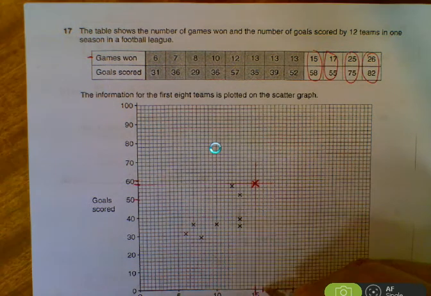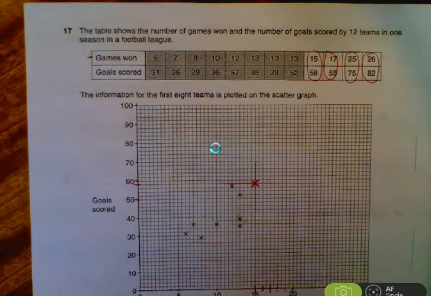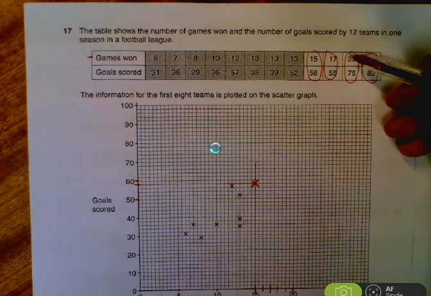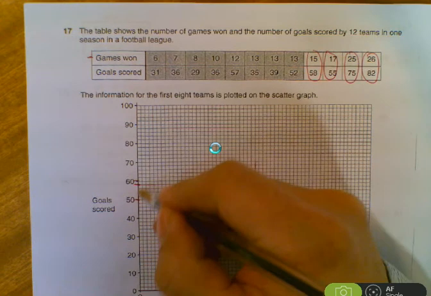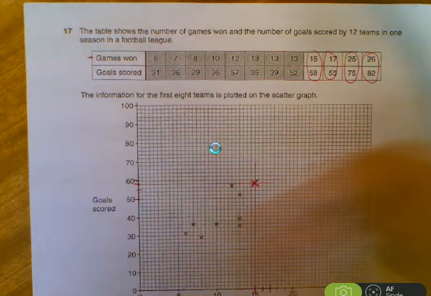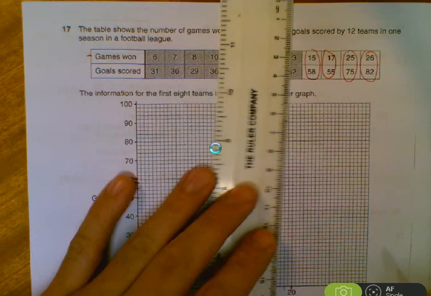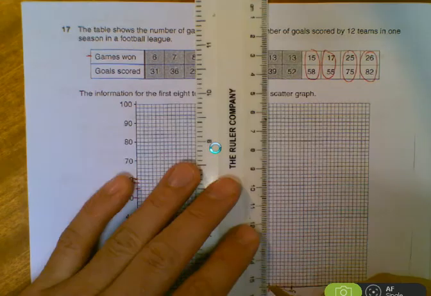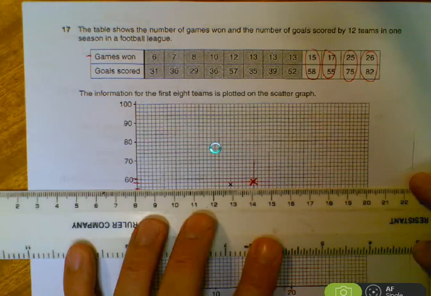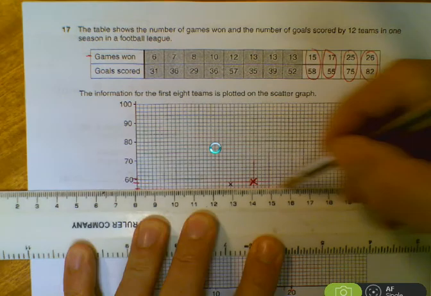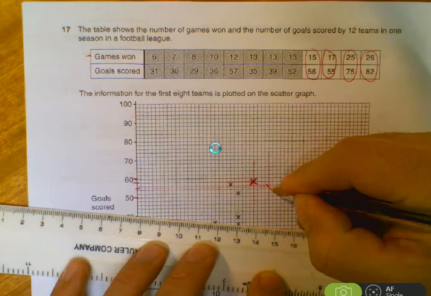So 17 will be here, and that's matched with 55 goals scored. So that's halfway between 50 and 60. So it's actually half a square there. So I'm going to draw a faint line up from 17 and a faint line across from that half square there and put my cross in.